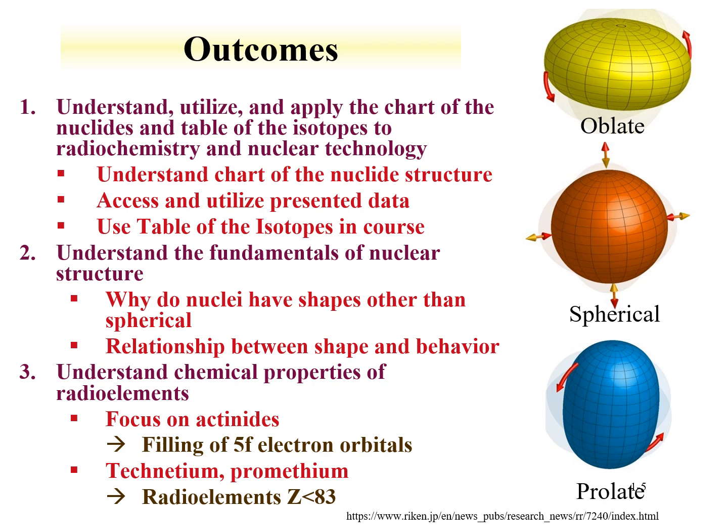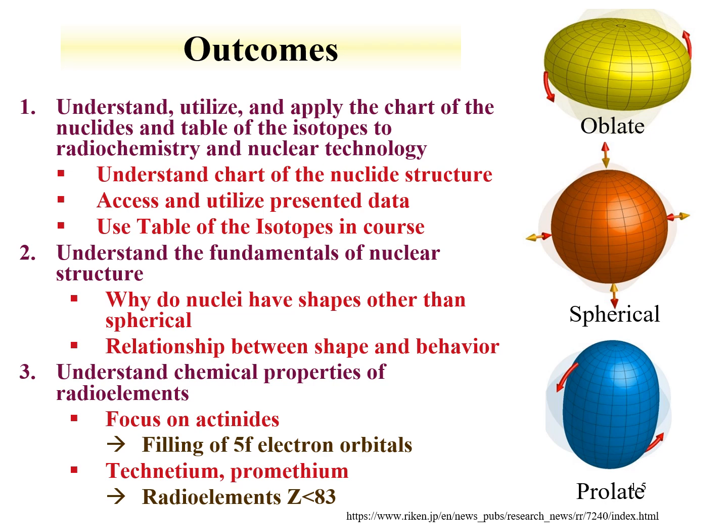Another thing the students should understand is the structure of the nucleus. Often in chemistry, we ignore the nucleus, but within this course, we do want to investigate the fact that the nucleus has structure. Here, there's an example of oblate, spherical, and prolate nuclei, and we will discuss within the course how this structure is understood and what the relationship is between the shape of the nucleus and some behaviors that are observed.